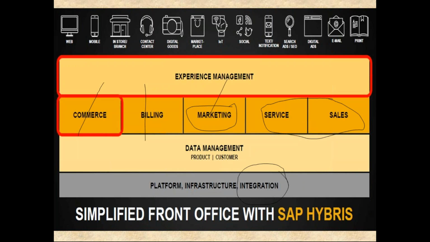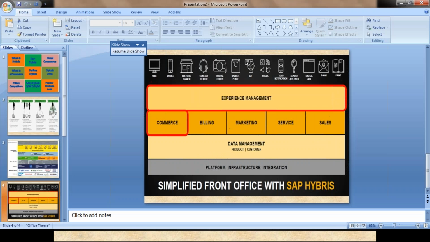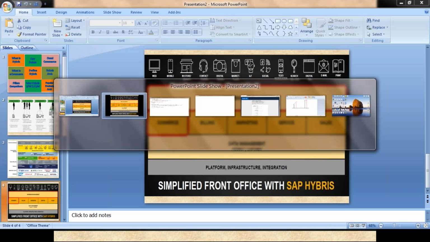Marketing can be integrated with sales, services, commerce, and so on. If you take commerce, then commerce can be integrated with marketing, sales, services. All these integrations are possible. That's why Hybris is powerful nowadays. Let me put it quickly, what kind of integrations are possible.